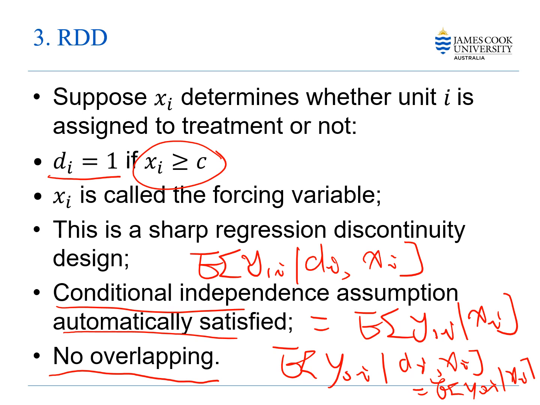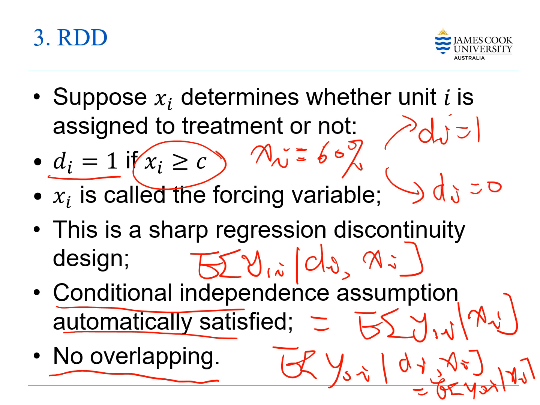That means that for a particular value of X_i, say 60%, we have a positive probability of observing that it is treated, D_i equal to 1, and a positive probability that it is control.